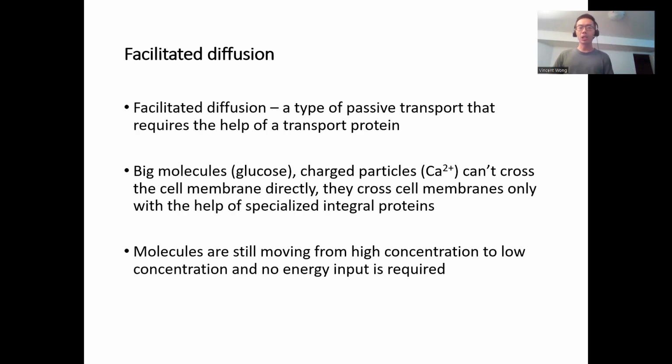Sometimes the molecule is too big, right? So like glucose is relatively big compared to some of the things we talk about, the oxygen, the water. And sometimes the particle is charged. It's either positively charged or negatively charged. And the phospholipid bilayer does not allow these molecules to pass through easily.